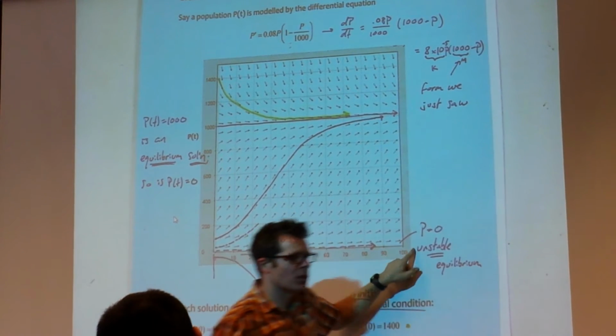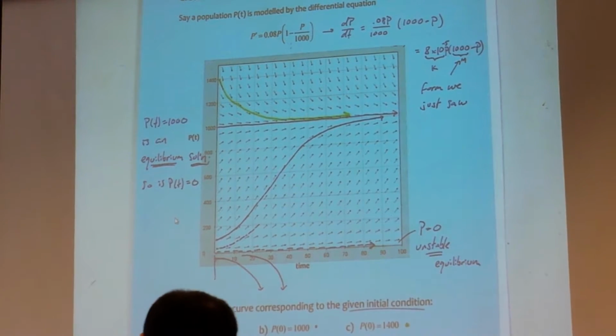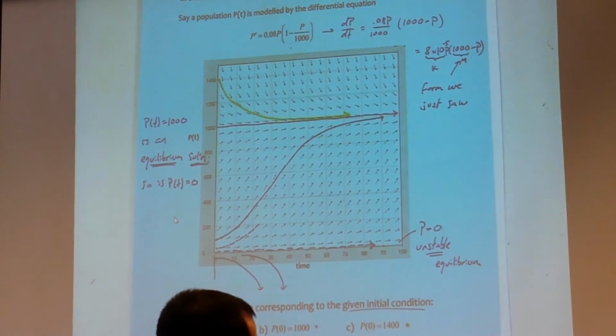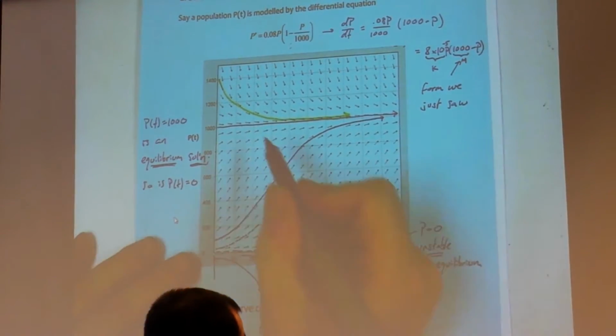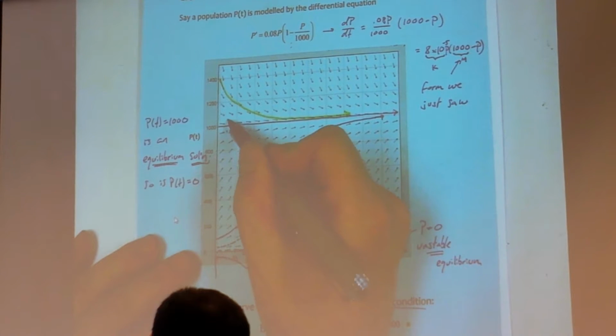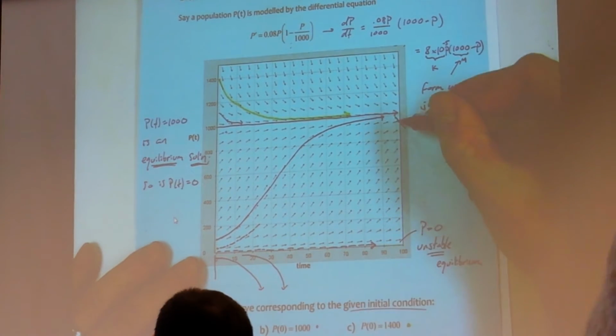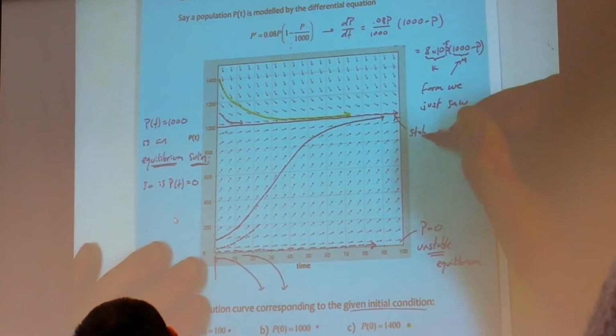That's called an unstable equilibrium. So small deviations away from 0 eventually will cause the function to diverge, whereas small deviations away from this equilibrium solution draws it in towards 1,000. This is called a stable equilibrium.